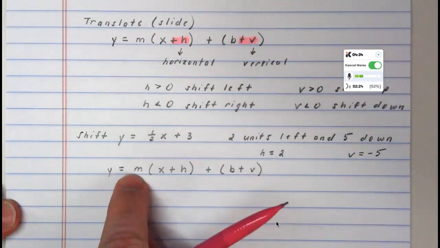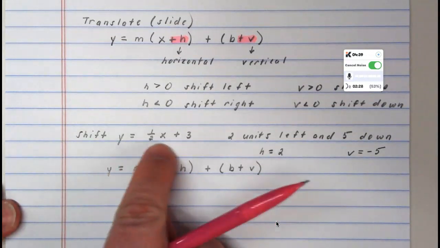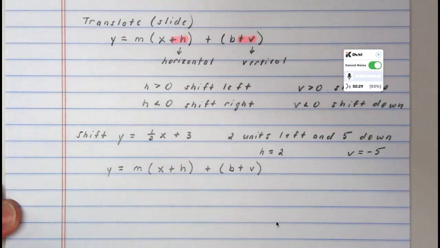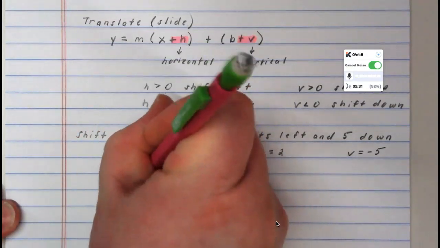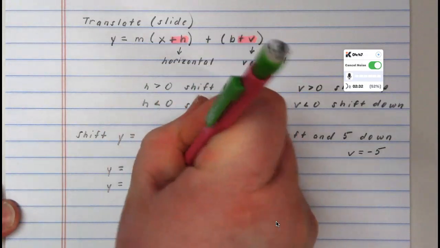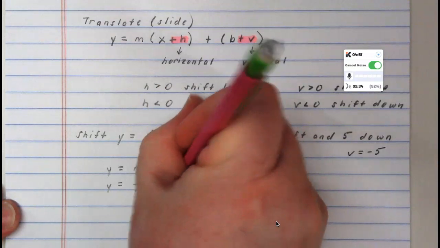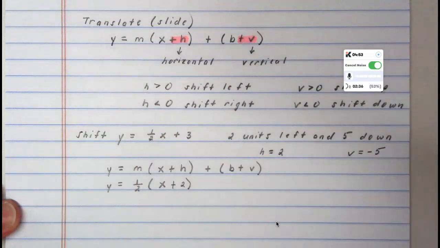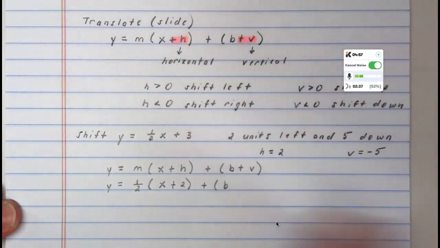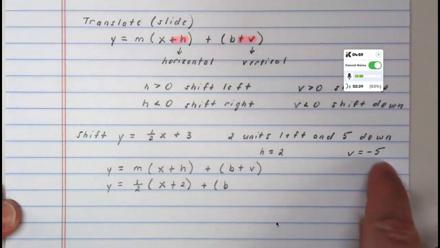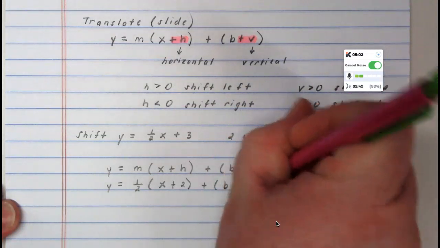Now, the m value, the slope, we can steal from the original equation because the slope in the original equation was 1/2. So this becomes y equals 1/2 times x plus 2, plus b and then plus v. v is negative, so instead of plus and negative, we can just write minus 5.